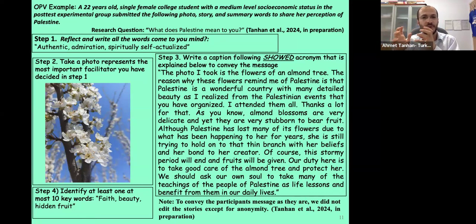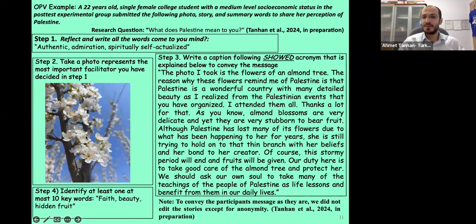What is the shape? What is the picture? So in step two, we say, now focus on one or a few of the words that you wrote in step one and take a photo that represents the most important words. I have written this wrong here. I say important facilitator. It's not like that. So in step two, she reflects on these words and says, I'm going to talk about all of them or just one of them. But before she starts to talk about them, we ask her to take a photo that represents these words.